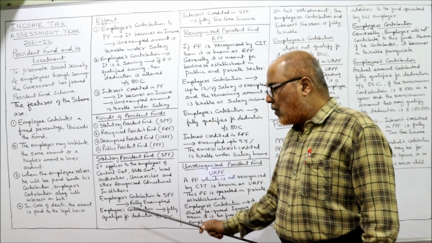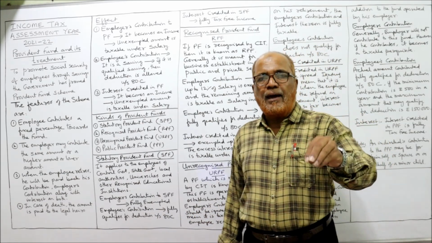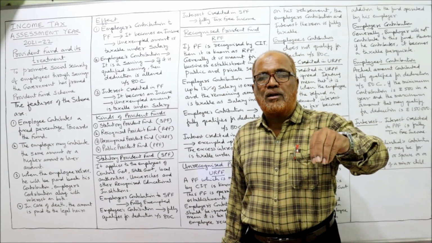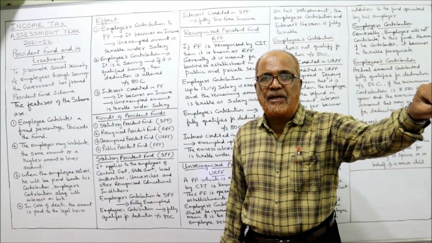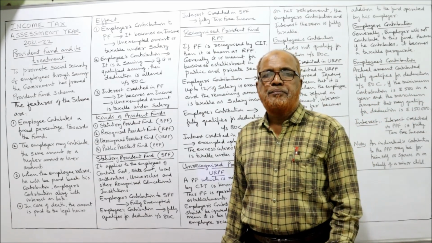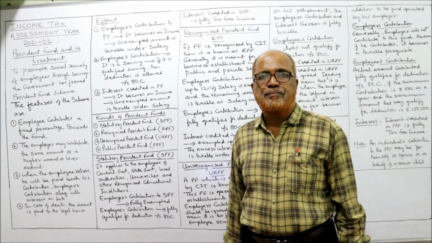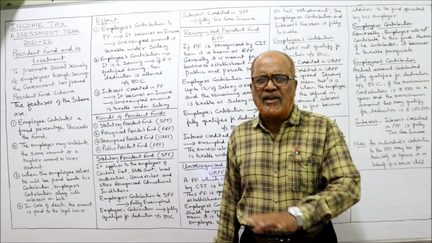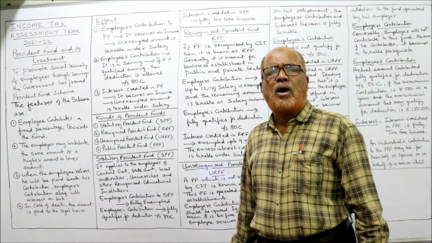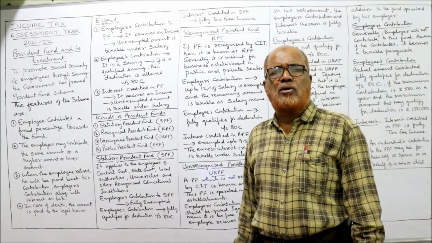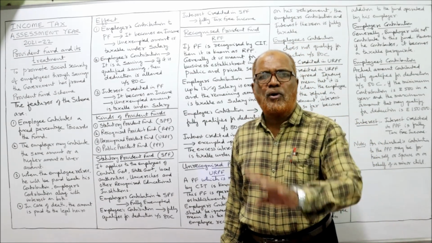Now, the employer's contribution. When the employer is contributing into the SPF of the employee, it is fully tax-free. Nothing is taxable. For example, you are an employee of the state government or central government. You are a government employee.